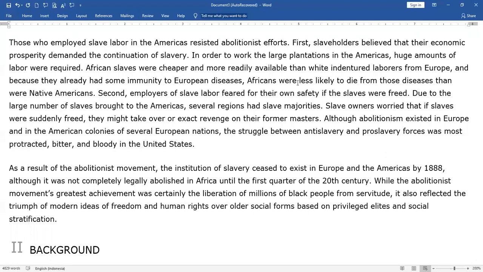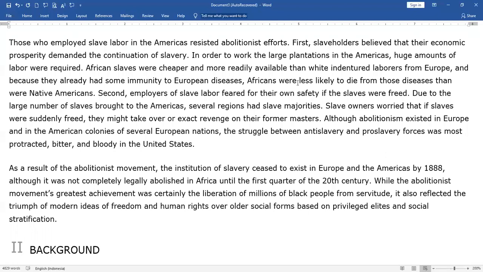African slaves were cheaper and more readily available than white indentured laborers from Europe. And because they already had some immunity to European diseases, Africans were less likely to die from those diseases than were Native Americans.